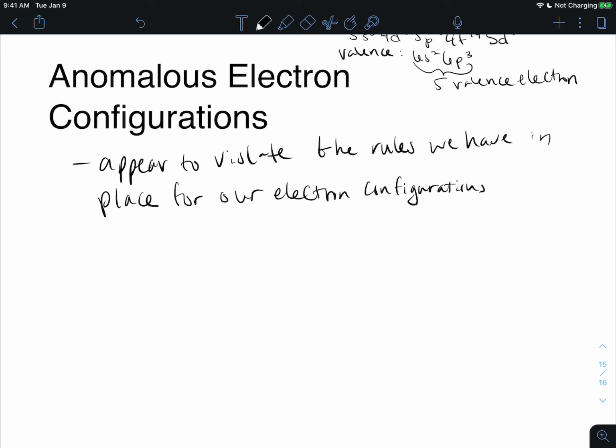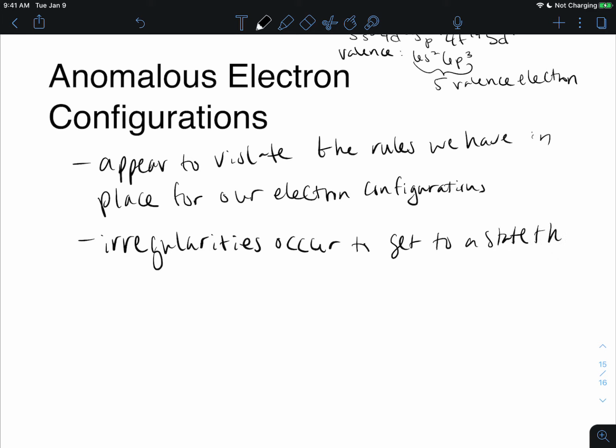And the reason these occur is in order to get a half-filled or full-filled state. So irregularities occur to get to a state that is more energetically favorable.